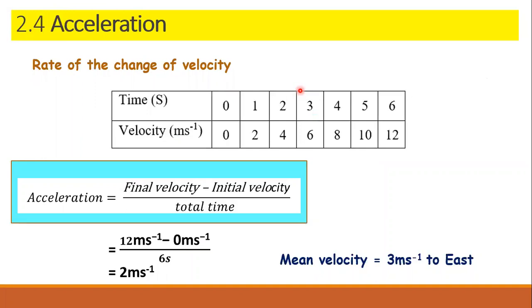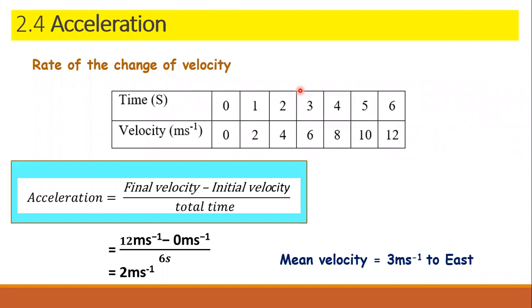It's another thing we have to study in this lesson. So up to now we have studied distance and displacement, speed and velocity, constant speed and constant velocity, and mean speed and mean velocity, the average. And then we are moving to discuss acceleration. It is bound with displacement, because acceleration is the rate of change of velocity.